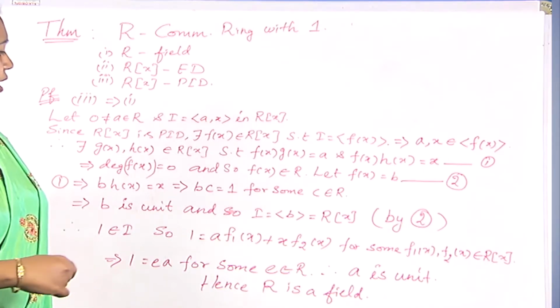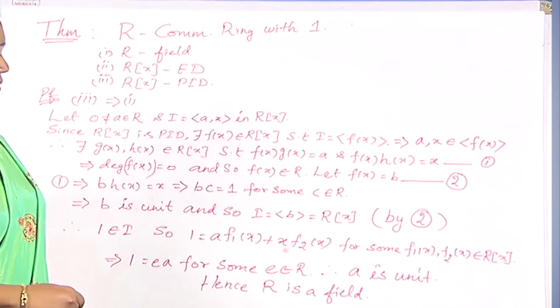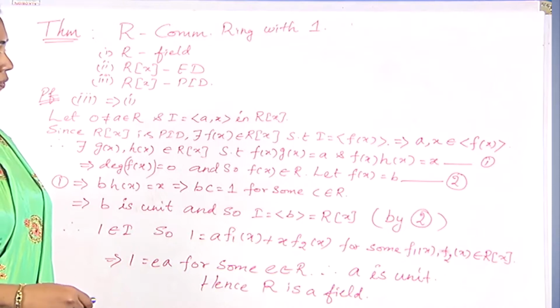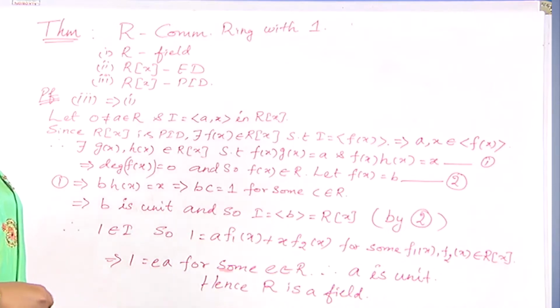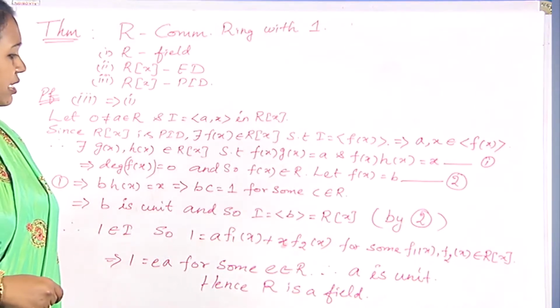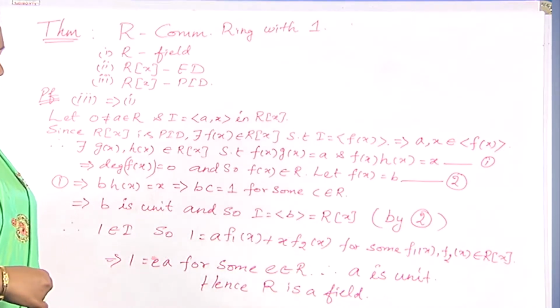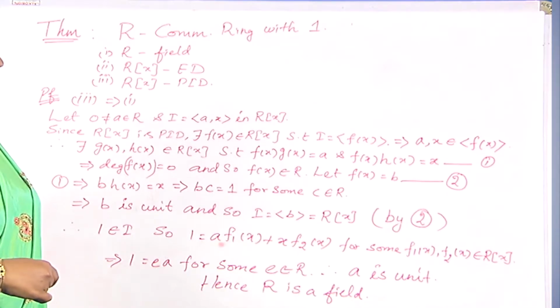So, it is of this format, and hence you can write it as a linear combination of a and x terms, for some f1 and f2 in R[x]. But here, if you are going to take 1 on the left hand side, there can be no polynomial on the right hand side. So, x times f2(x) actually has to be 0. There is no other possibility, and therefore, 1 has to be some product of a alone.